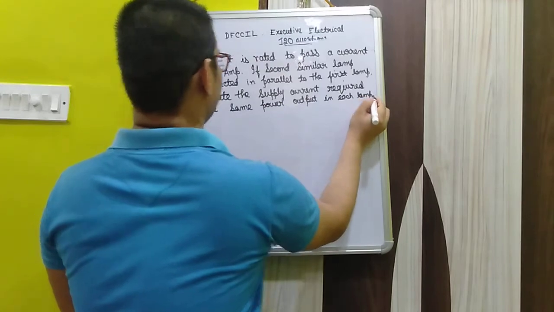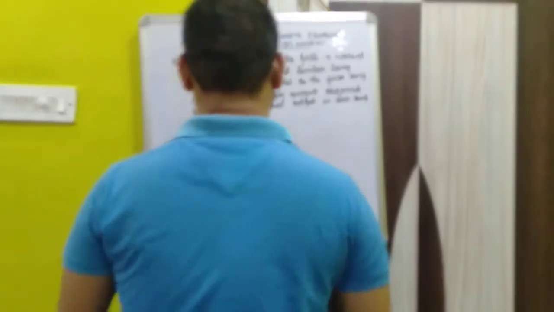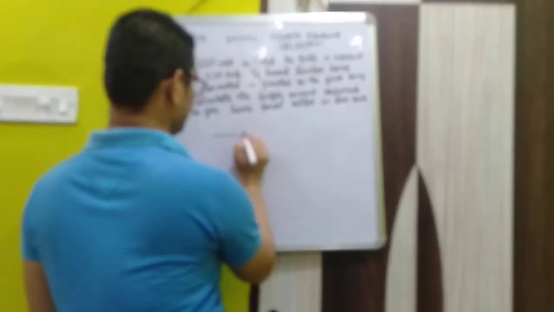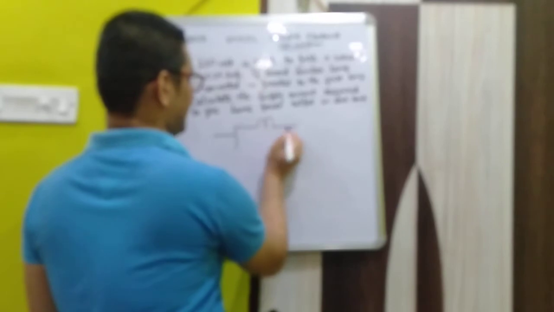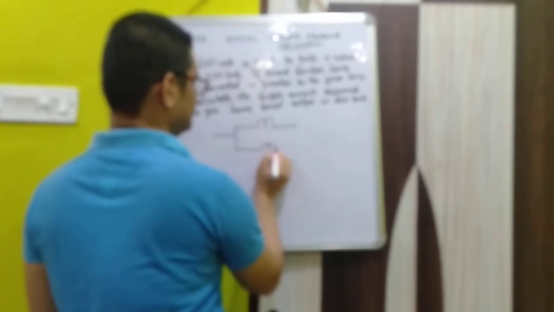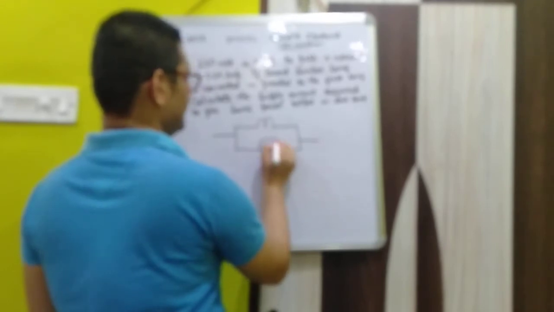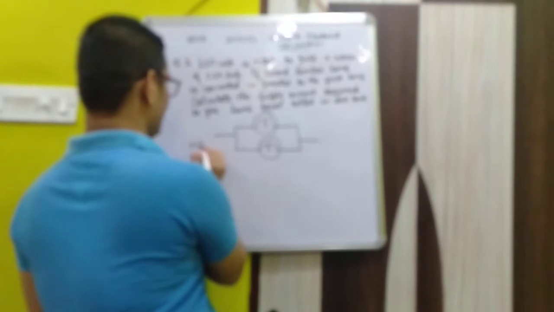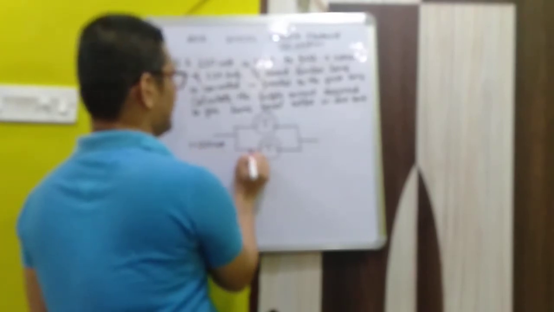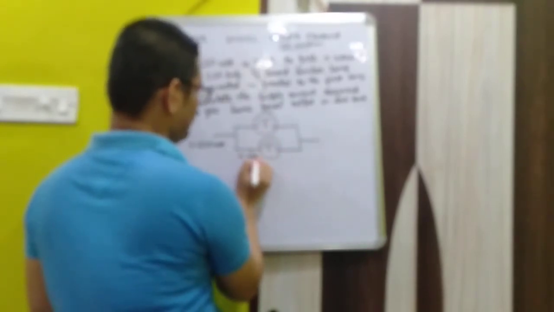Now I'm going to make you understand what the question is asking and how we have to solve it. There is a source and both lamps are connected in parallel. The voltage is given as 230 volt, and it is already mentioned that the current passing through the first lamp is 0.24 ampere.